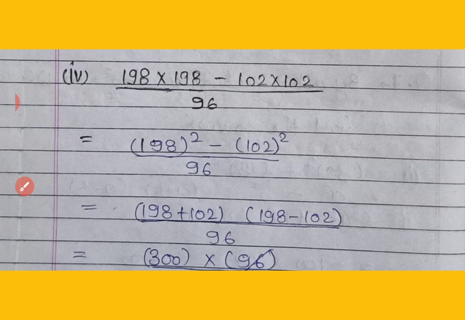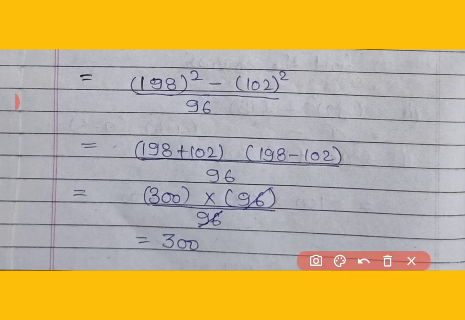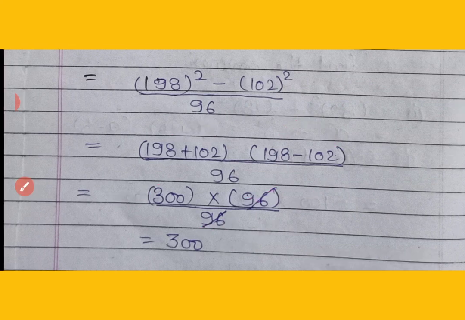Now when we add 198 and 102, it became 300, and 198 minus 102 became 96. Now 96 will divide 96, and here remains only 300. So its answer will be 300.